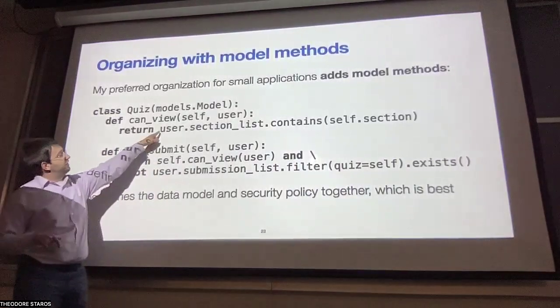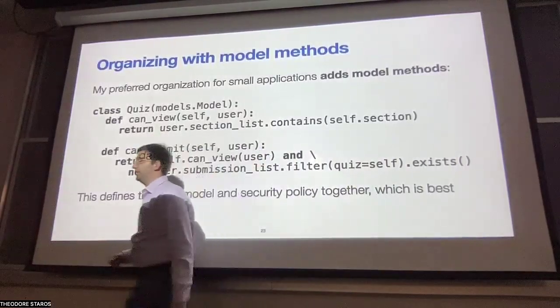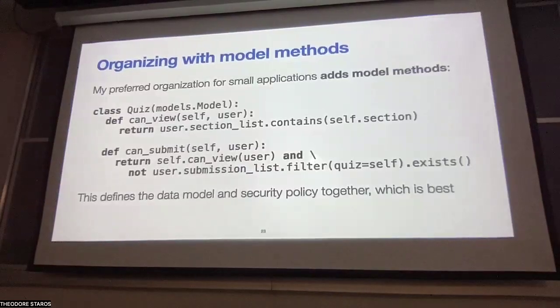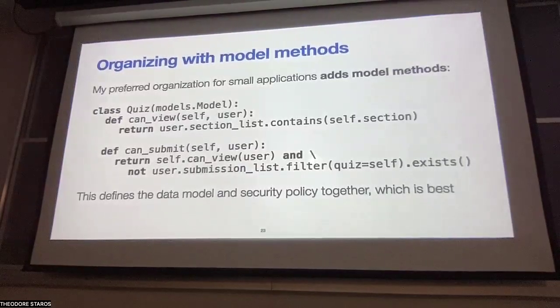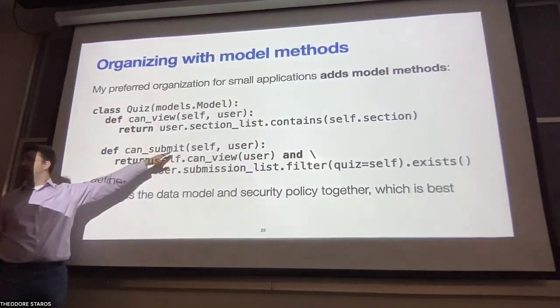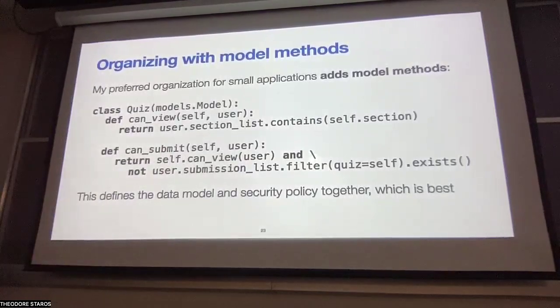But you can see that these others are doing things like checking if the user is in a certain section, like if a quiz is assigned to a certain section of the class. Again, the actual authorization code is just performing the same Django queries that we've been performing throughout the class. And the main thing I'm doing is moving these as helper methods into our models so that it's really easy to audit.